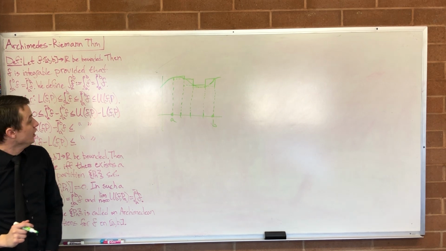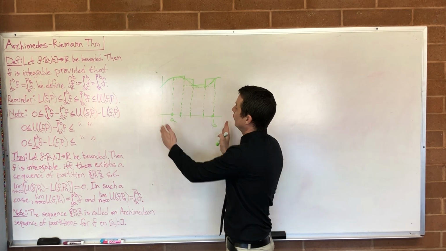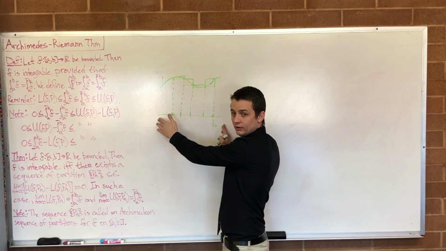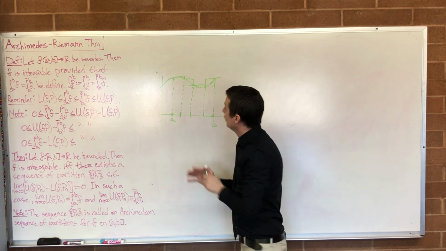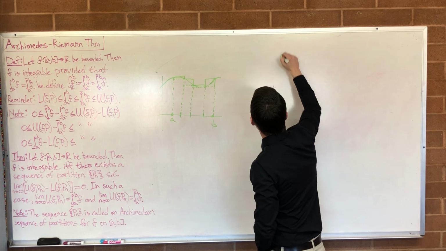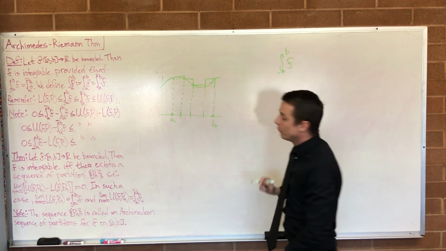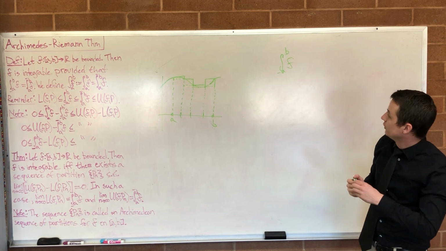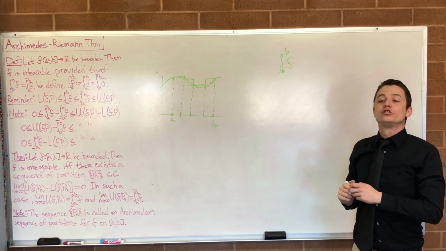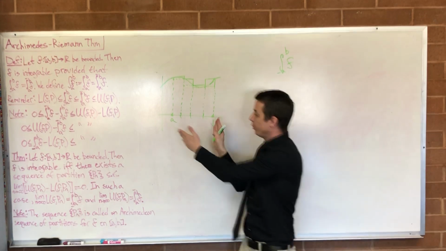Right? So now what we're saying is, this thing is going to be integrable. Remember that my lower integral, intuitively speaking, well, let's just say exactly what it is. What is my lower integral defined to be? The supremum of my lower Darboux sums. So this was one partition.